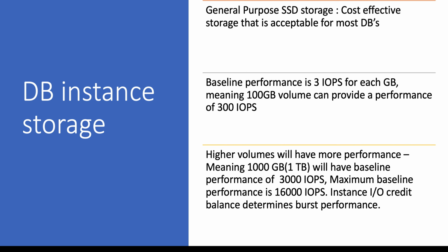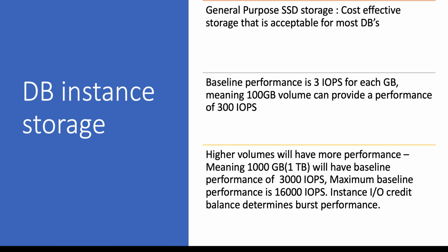If you have a lower environment where you just need 100 GB to do some testing, then with GP2 storage you get a baseline of 300 IOPS, which is pretty much okay for lower environments, or where you don't have a very high IO workload and are not using the disk too much.